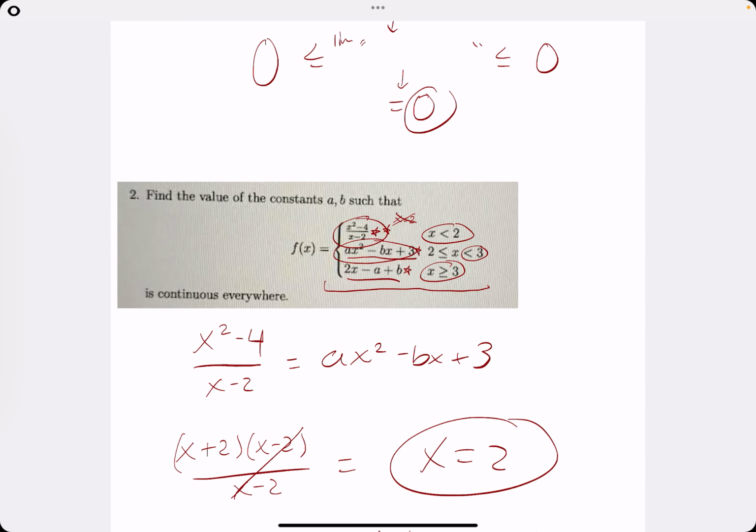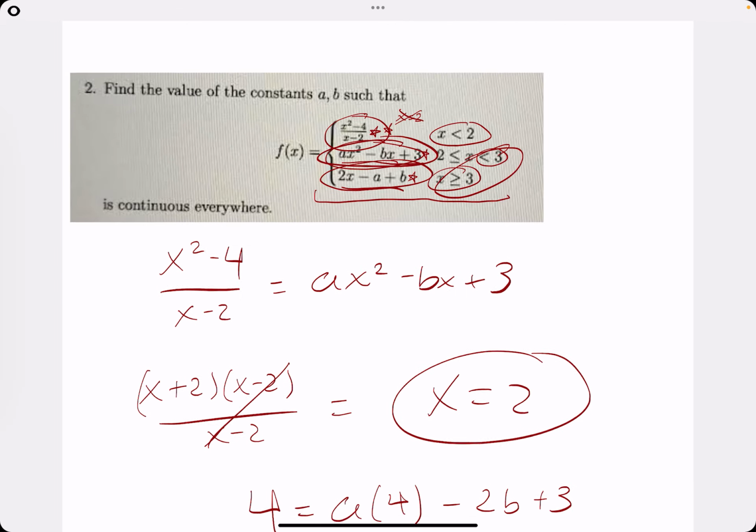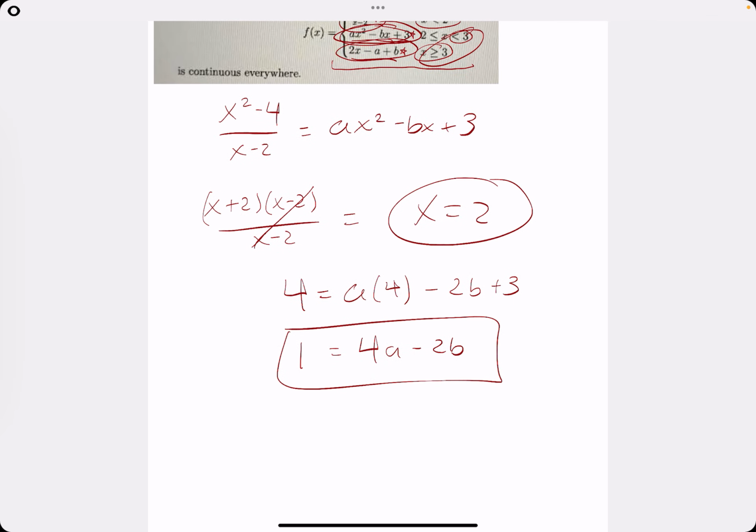So now let's set up the equation for x equals 3, where we will set the second part equal to the third part, because that is where the function is broken up around x equals 3. So we have 3 squared, so 9a minus 3b plus 3 is equal to 2x, so 6 minus a plus b.